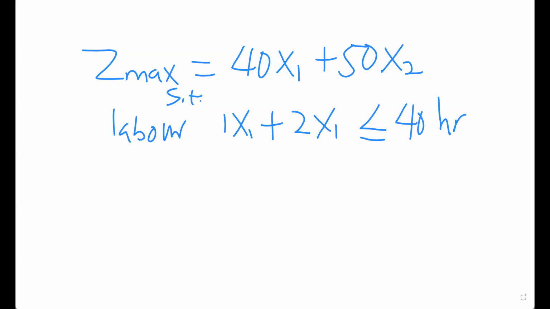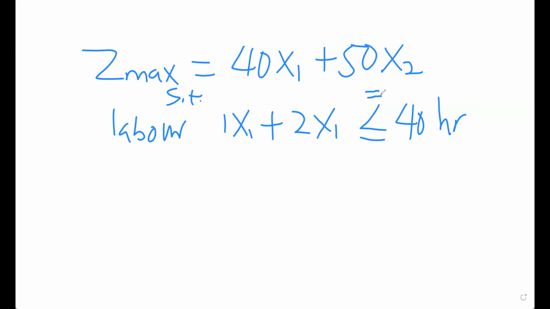Now, why less than or equal to? The less than or equal to indicates that all of the 40 hours can be used. So you may use all the 40 hours to produce the Fan Yogo and the Fan Choco. And if you use all the 40 hours, then we are dealing with the equal to sign.